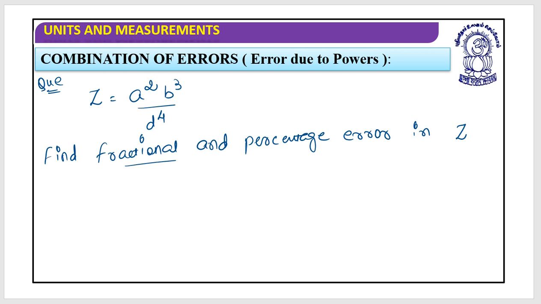So let's first work out the fractional error. How can I do it? This is delta z by z.